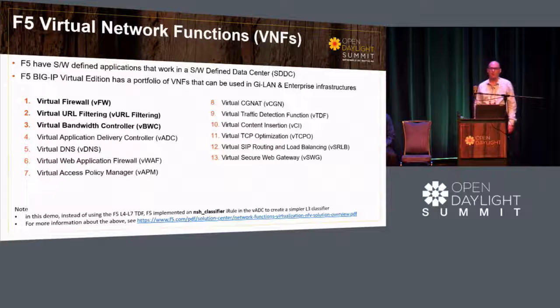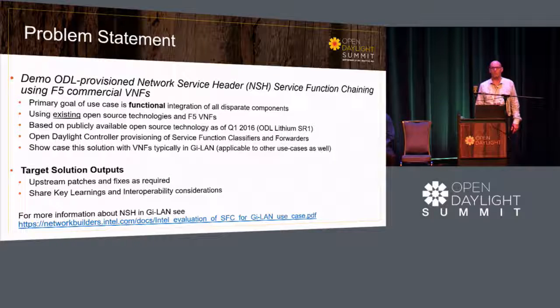F5 has a broad range of VNFs or virtual appliances that can be used in software-defined data centers. The F5 VNFs are part of the Big-IP Virtual Edition product line and have applicability to both network infrastructure and, basically, the mobile service provider packet data network between the packet gateway and the external service provider network.